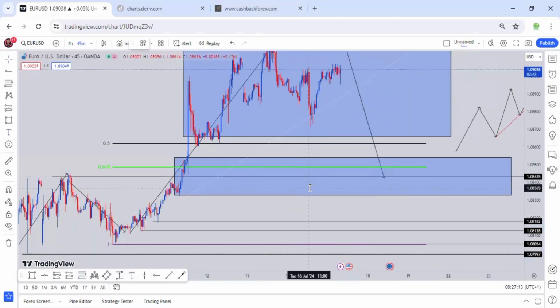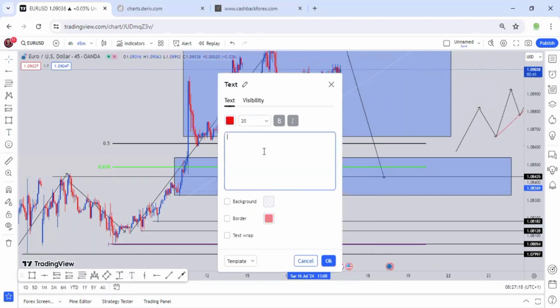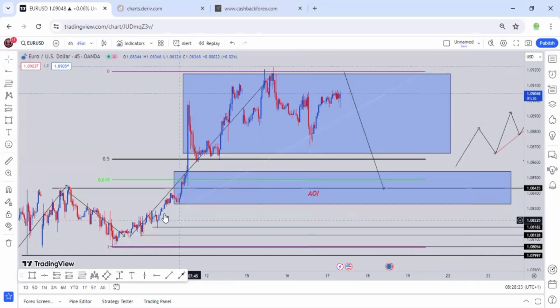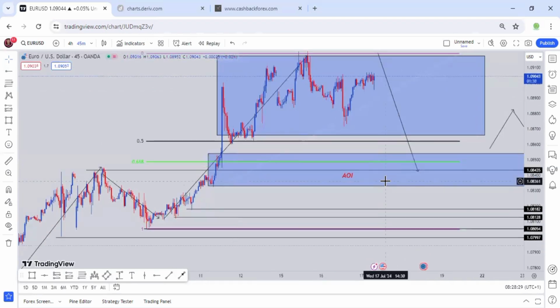This is our area of interest. In the area of interest, we are looking for a POI, which is a point of interest.